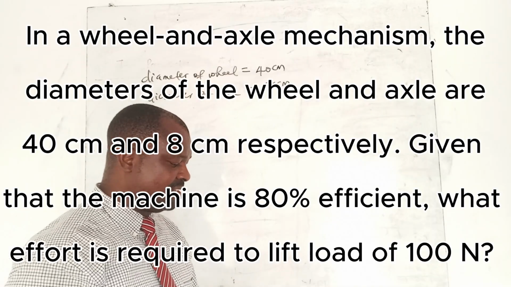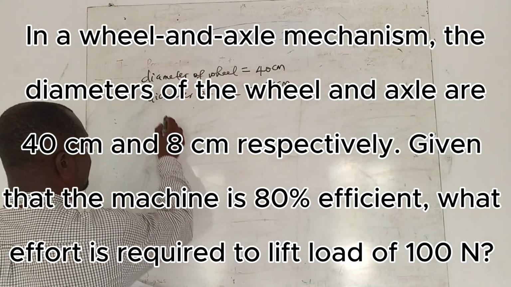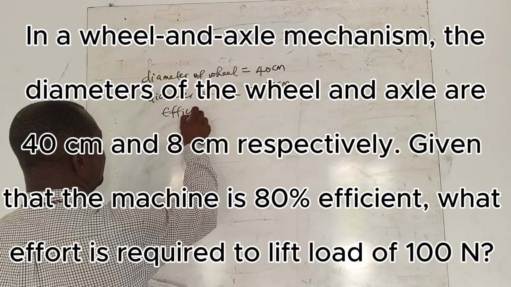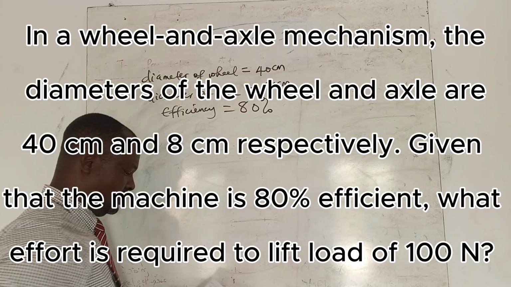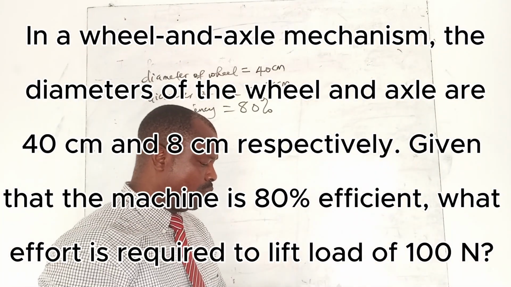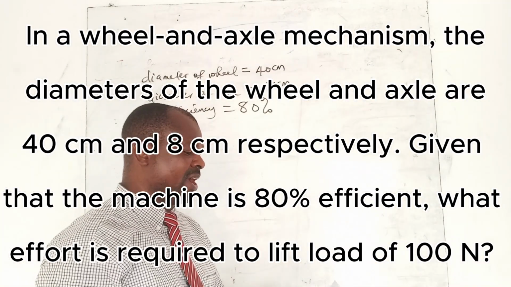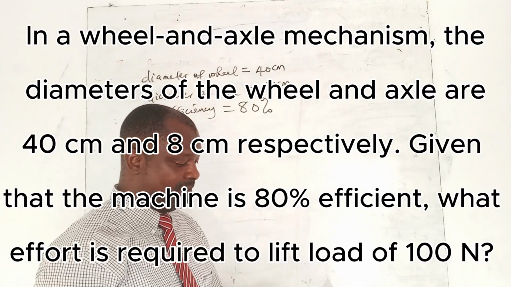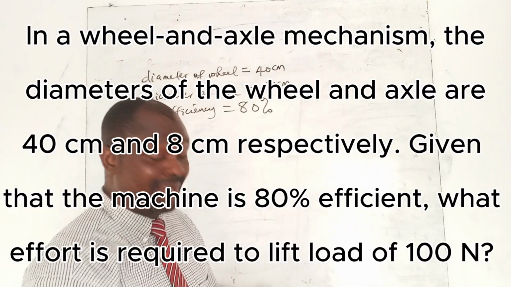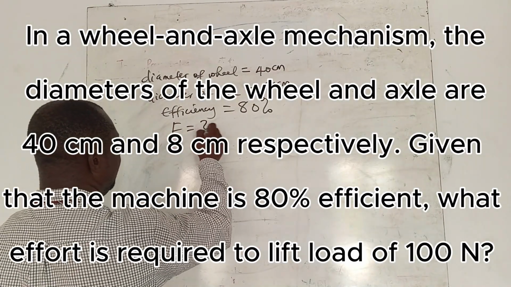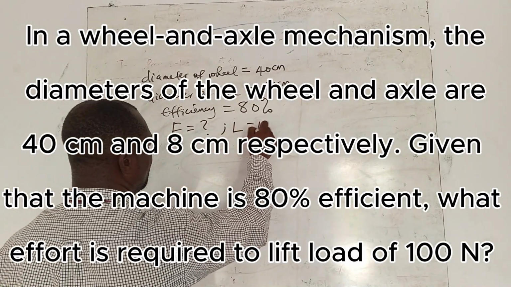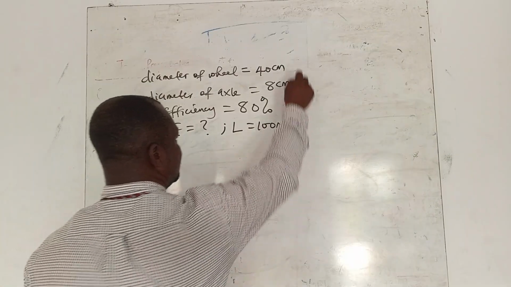Given that the machine is 80% efficient, what effort is required to lift a load of 100 newtons? We don't know the effort, but the load is 100 newtons.